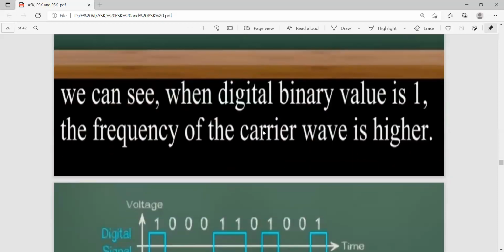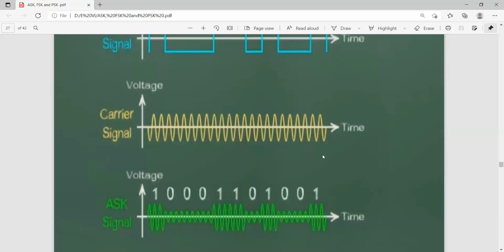We can see that when the digital binary value is 1, the frequency of the carrier wave is higher. In frequency shift keying, the value is high, that means the binary bit is present, and the frequency of the carrier wave is higher. This is the general concept. 1 looks like this.